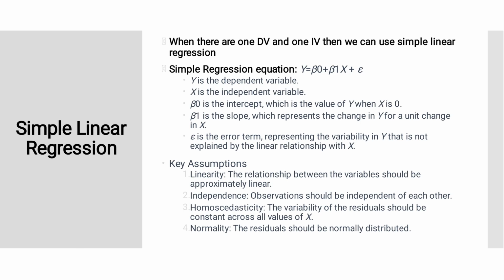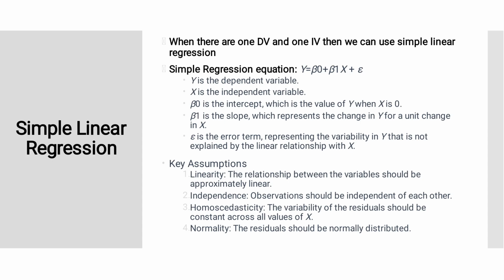Then homoscedasticity, the variability of the residuals should be constant across all the values of x. What does it mean? Residuals means the error. So error should be constant, or variability of residuals should be constant across the value of x.